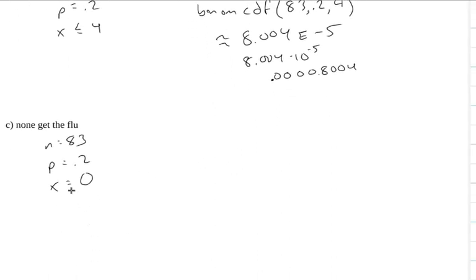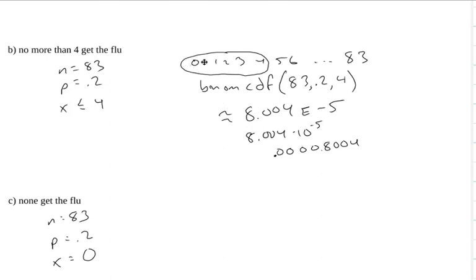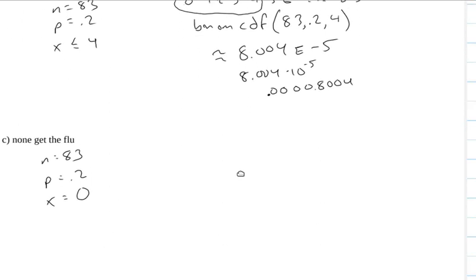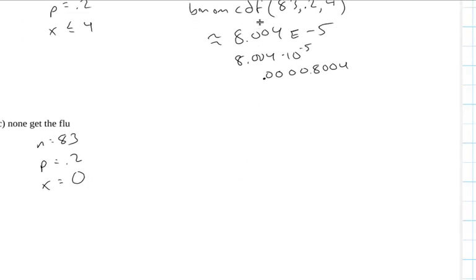On this one, I'm figuring out just the probability of exactly 0 people getting the flu. I would expect this to be quite unlikely, especially since the probability that no more than 4 get the flu is already pretty unlikely. So binomial PDF, with 83 trials, probability of success of 0.2, and 0 successes.